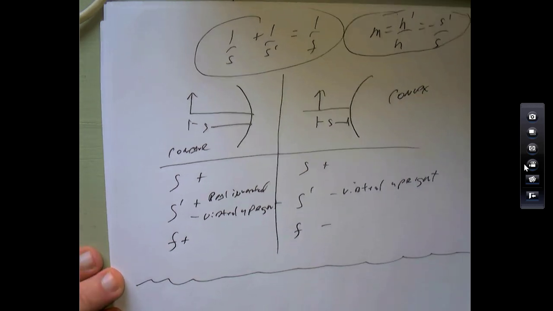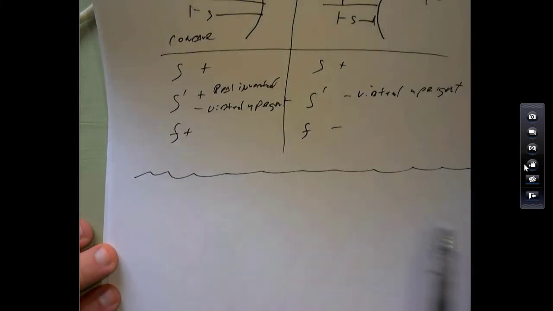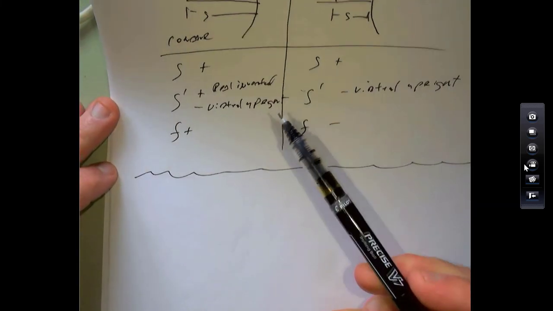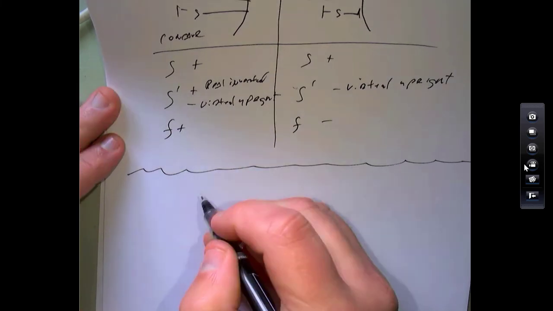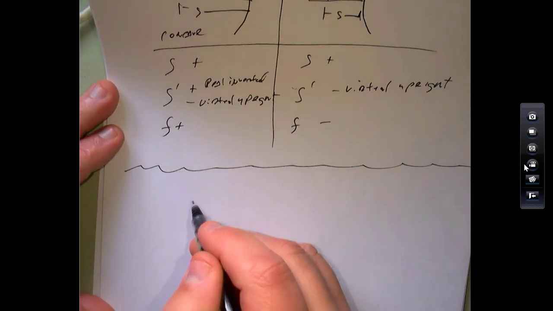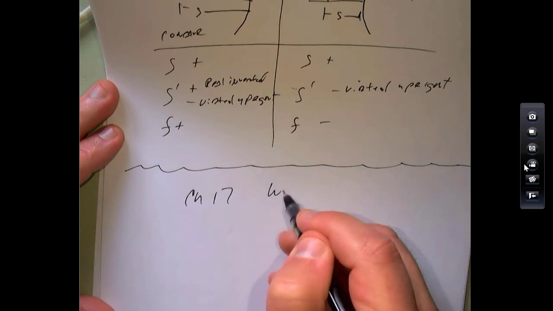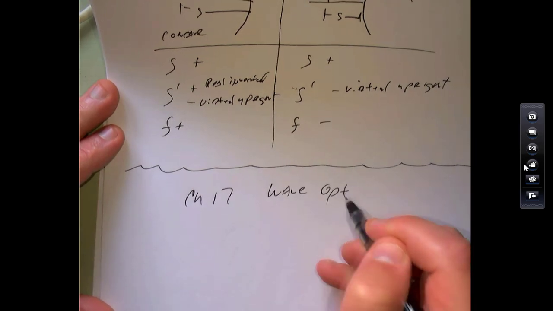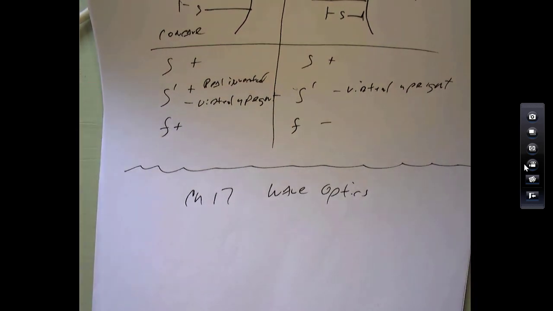Okay, then we went on to looking at, so this is looking at light as a ray, and then we went into looking at light as a wave. So wave optics. So chapter 17, wave optics. So take a look back at that chapter. There's a few different scenarios that we had when we looked at wave optics.